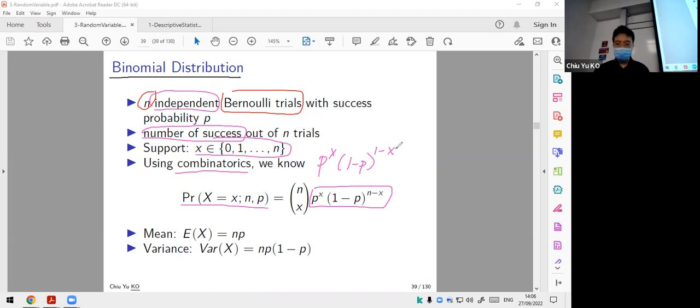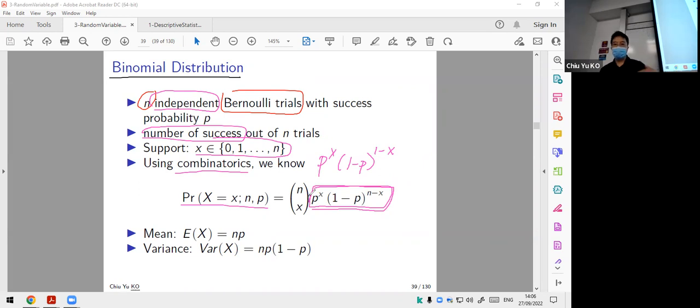So first, let me explain why we have this. This term follows exactly from the principle of counting we learned.